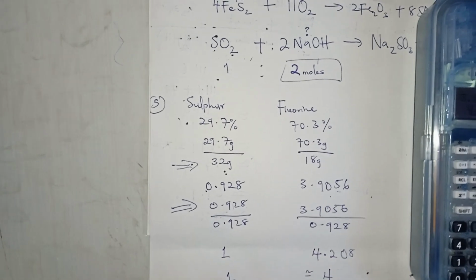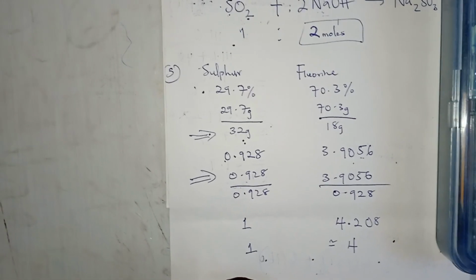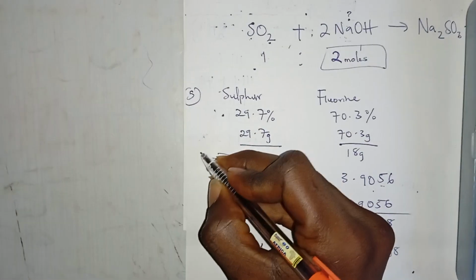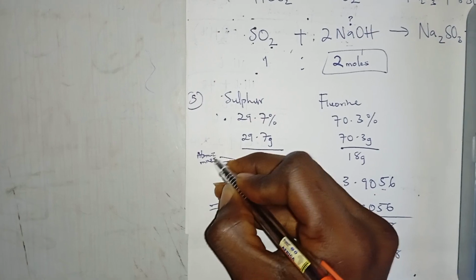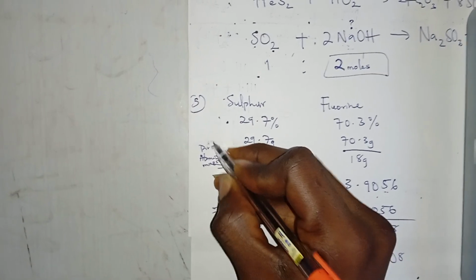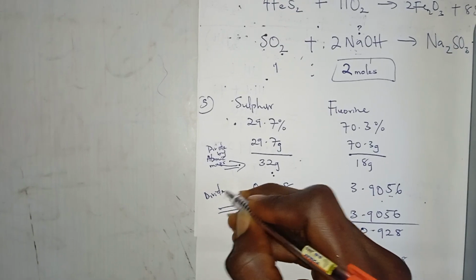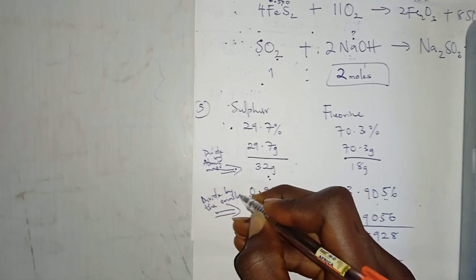This is 1. So to find the empirical formula, first divide by the atomic mass. Second, divide by the smallest value.